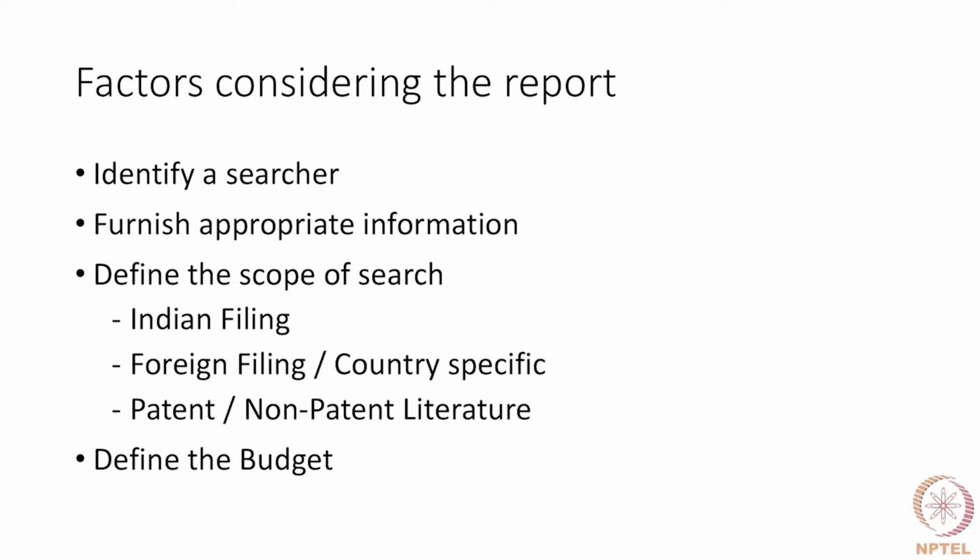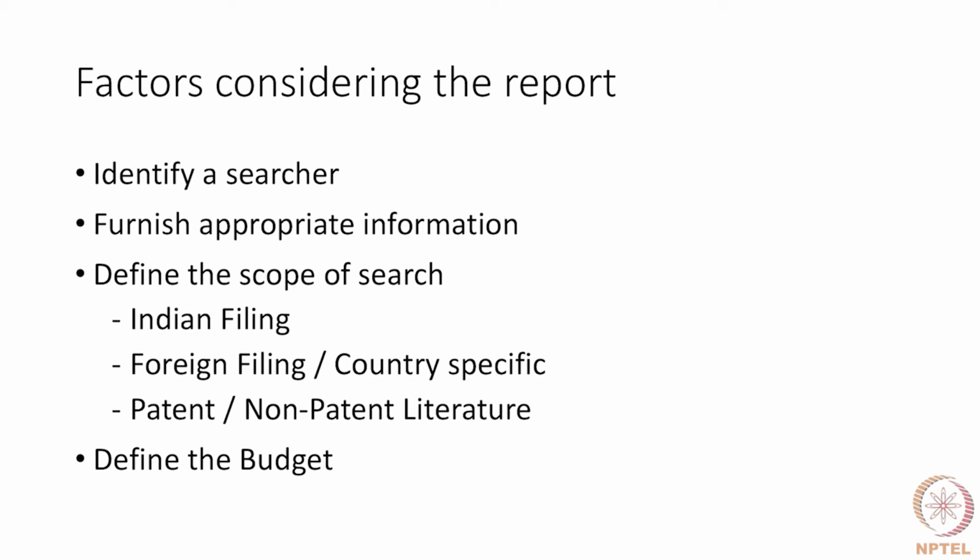The third thing is to describe the scope of the search. Now, if you are filing an Indian patent, then you would normally want the search to cover the Indian patents and also prior art, which could be relevant. Or if your search is particularly to enter a particular jurisdiction, say a foreign filing, then you would stipulate that you need to understand what is the patenting on this invention in a particular jurisdiction.